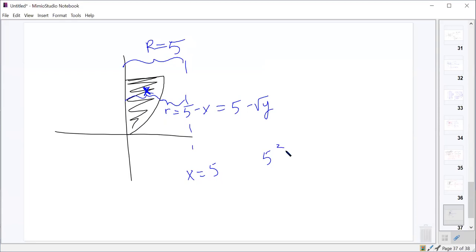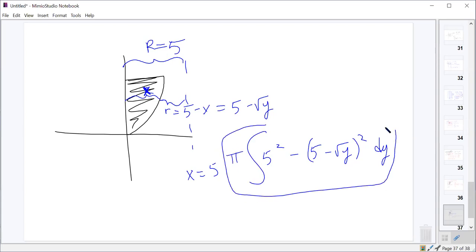So we'd have 5 squared minus 5 minus root y squared dy with a pi out in front, integrated from wherever our lowest to our highest y values of the region I gave you. Good?